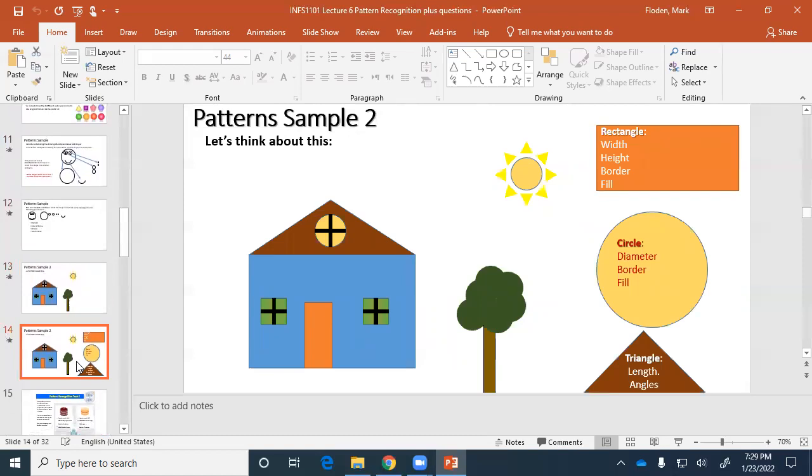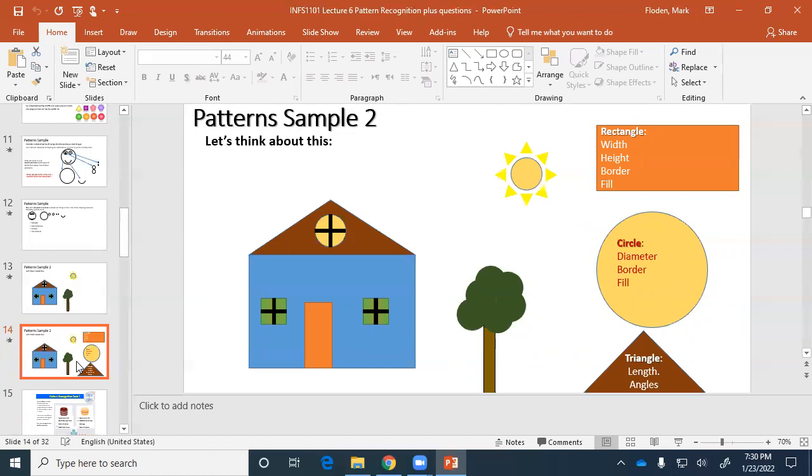All right, so we're back to this. Back in the way of thinking of an object-oriented language, we have these objects: a rectangle, a circle, and a triangle. They have some attributes. If we input some data here, we can create a rectangle of a certain width, height, border, and fill.